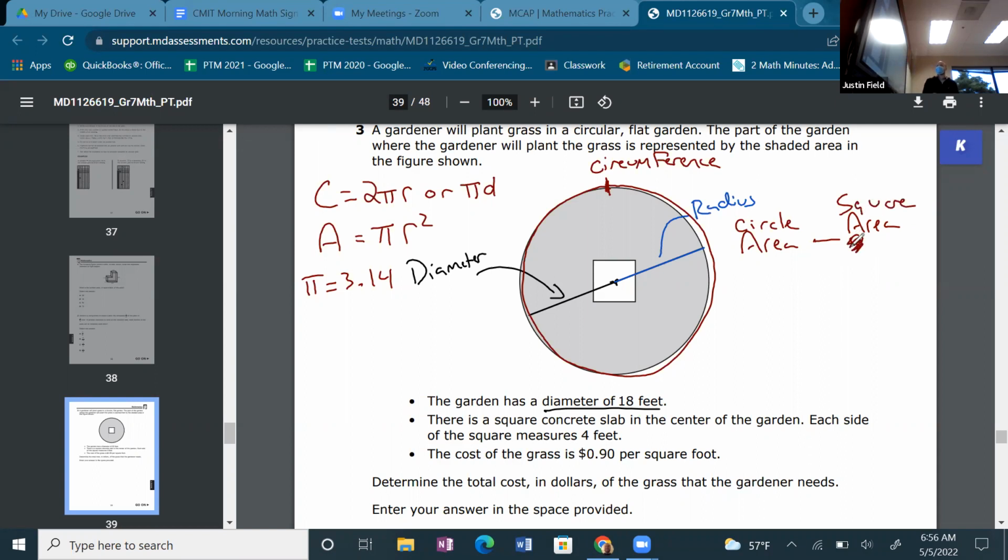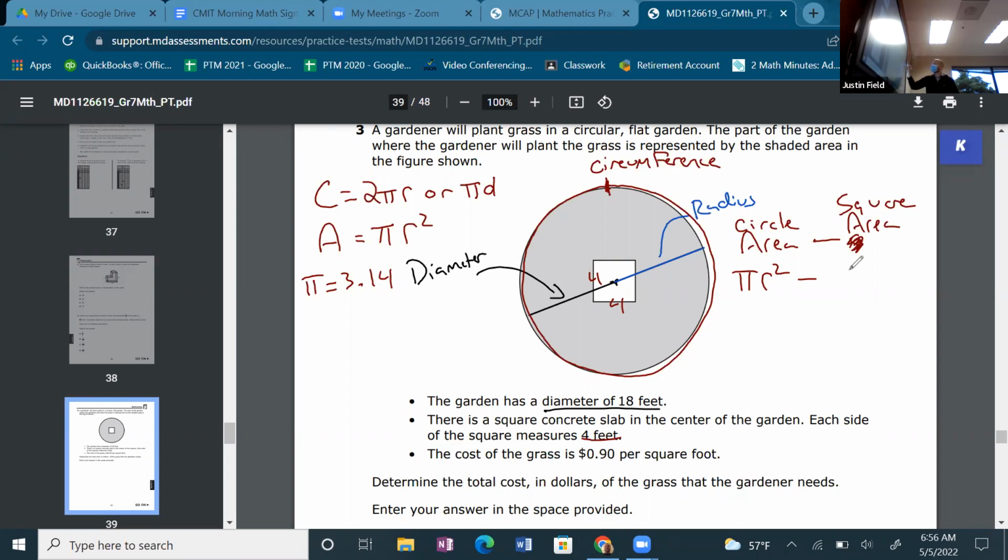Okay, so how do we find the area of a circle? Can you find it? There it is, pi r squared. And how do we find the area of a square? Well, we label it, we just multiply the sides together, right? 4 times 4.